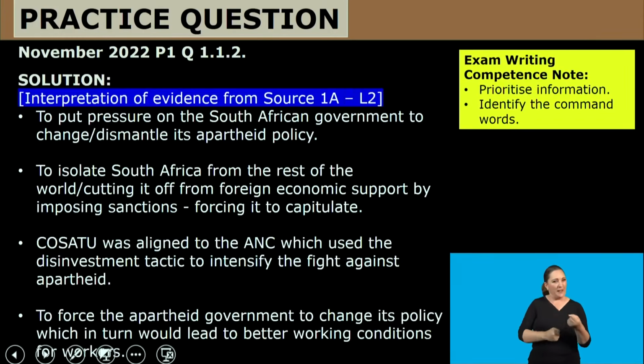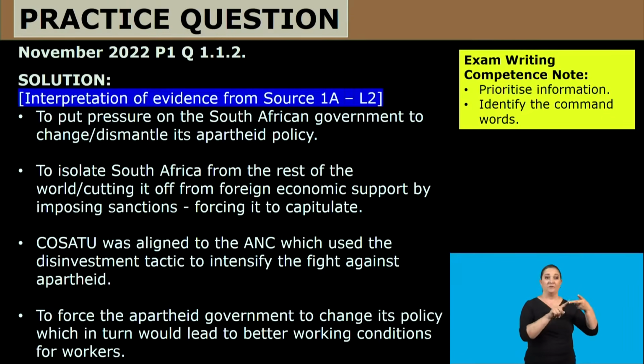Possible solution or response: to put pressure on the South African government to change or dismantle its apartheid policy, to isolate South Africa from the rest of the world, cutting it off from foreign economic support. Very, very important, because that is disinvestment, by imposing sanctions or forcing it to capitulate.